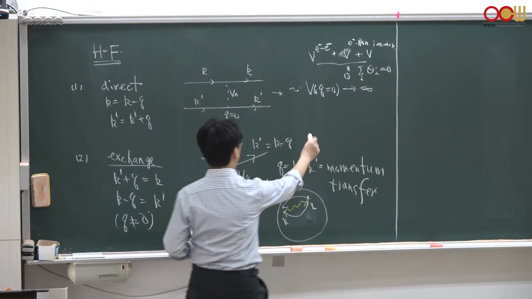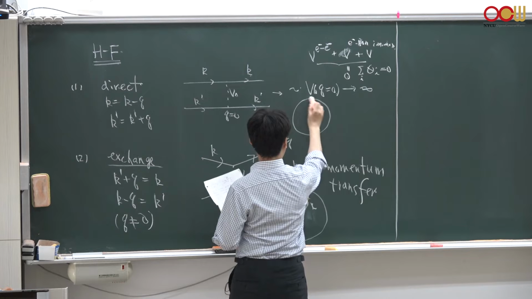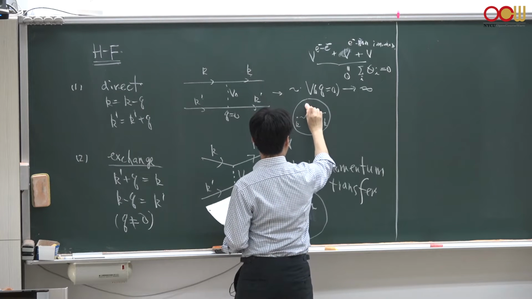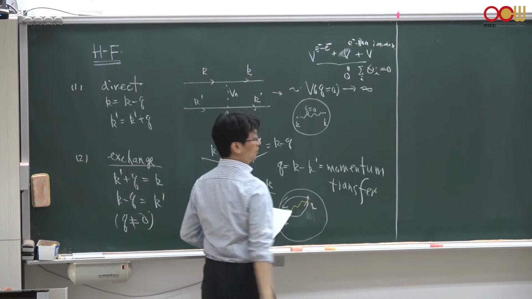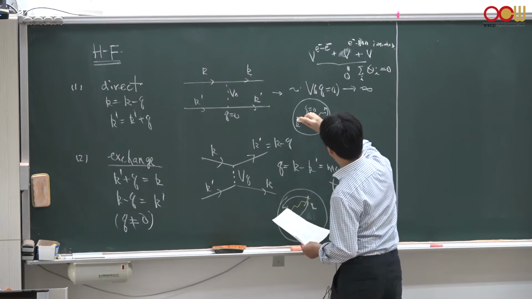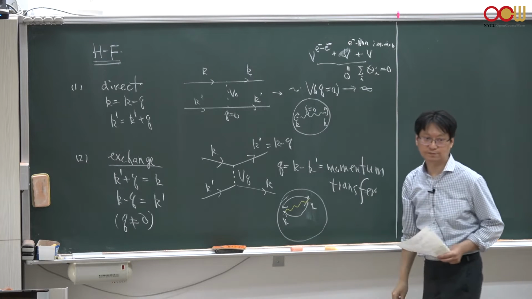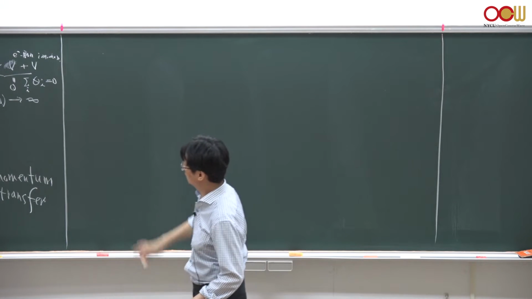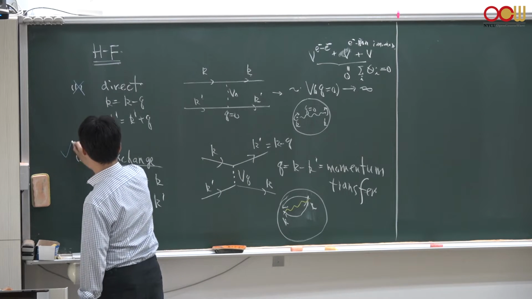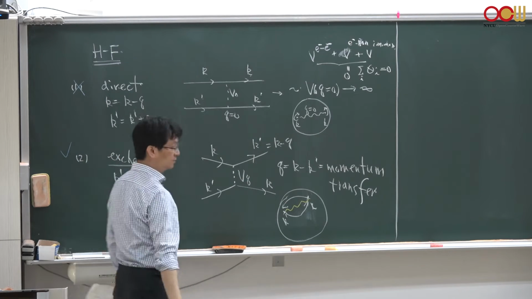But the direct process is a process where these two electrons do not exchange any momentum Q, and the initial and final states are actually the same. So then we forget about this direct energy, and we simply focus on this exchange energy.